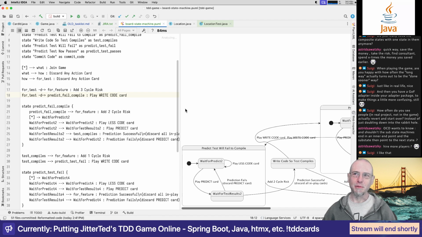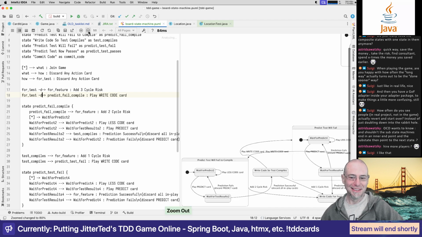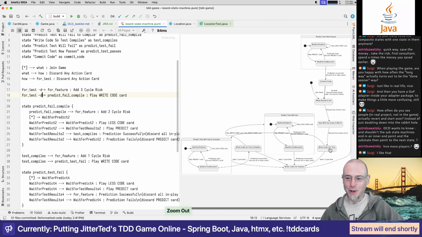See, this is the problem with the auto layout, you get this ridiculousness. Why are you going from here all the way over to here?